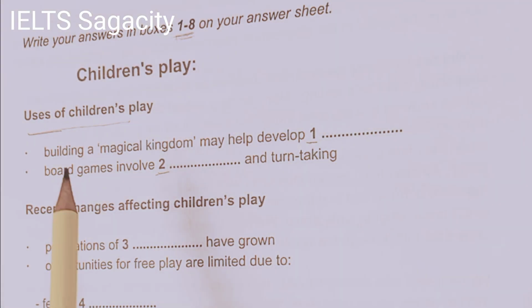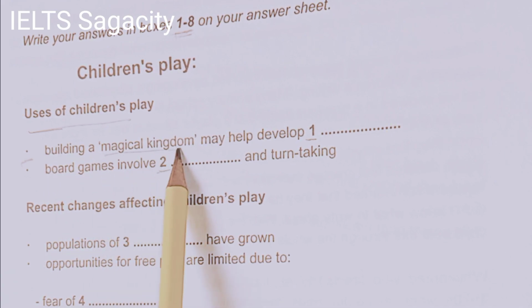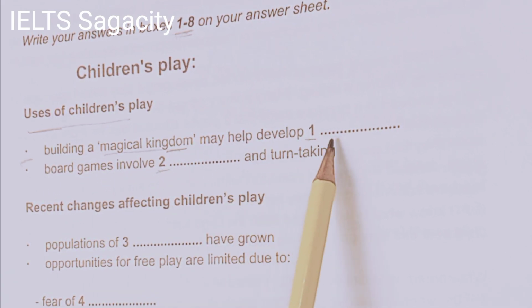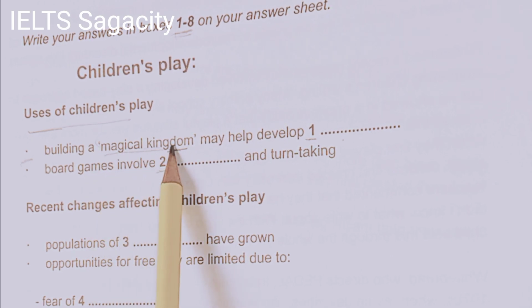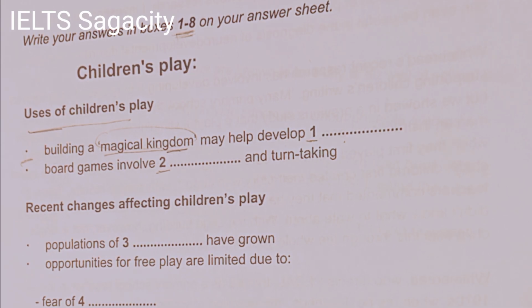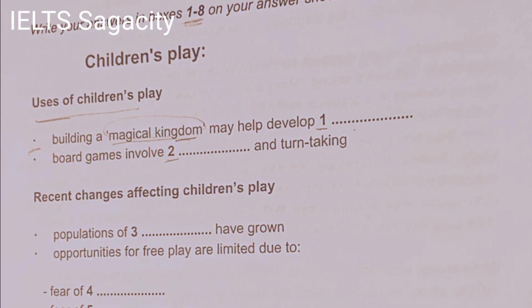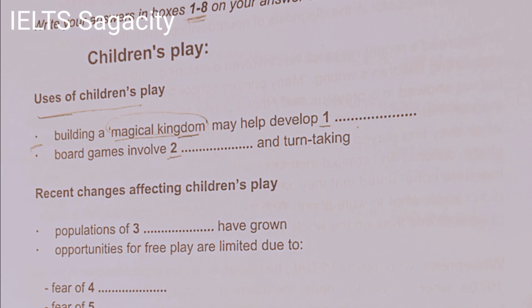Now, we can see the first bullet point. Building a magical kingdom may help develop dash. So whenever we get a word or a phrase which is enclosed in inverted commas, or whenever it is written in bold letters, or is a proper noun, or is a number, we know that that is considered to be a keyword or a key phrase.